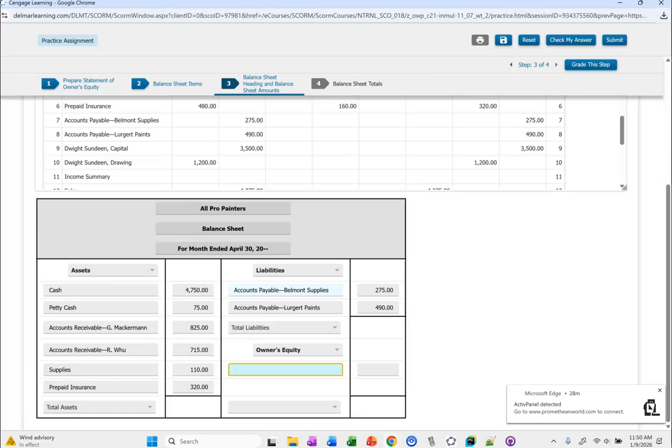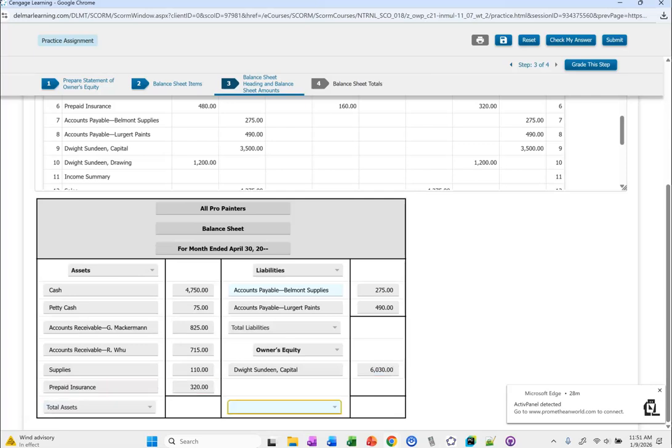So I need the capital. What number goes here? It's like 6,030, from the last sheet, right? That was the owner's equity from the previous sheet that we had done.